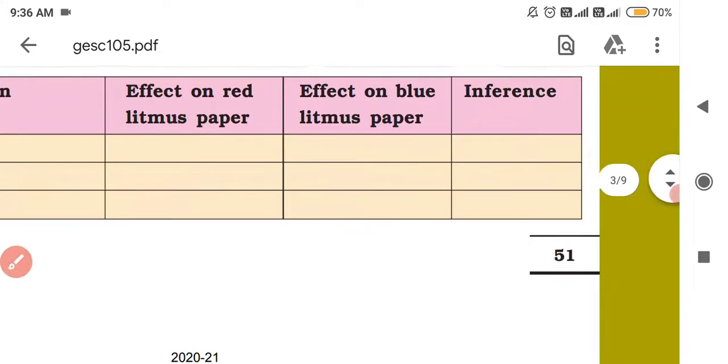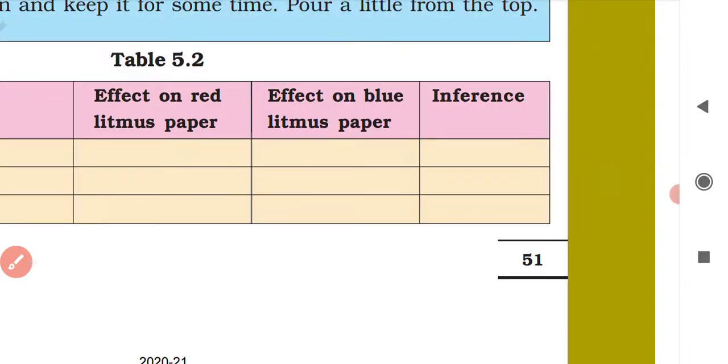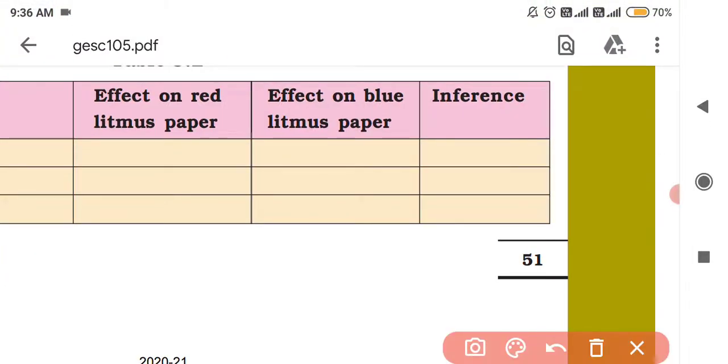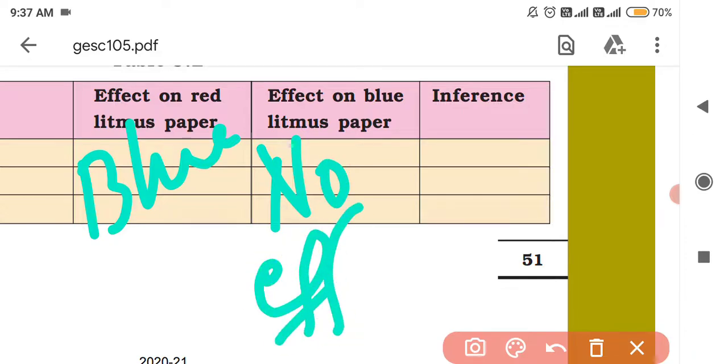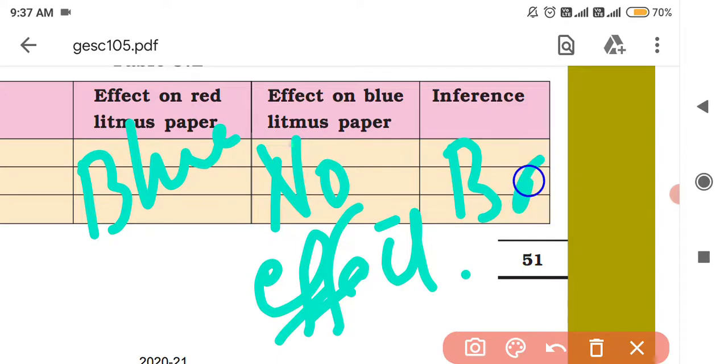Now baking soda is what we discussed in the last class, that it is basic in nature. So the effect on red litmus paper is that it will change the color to blue, and there will be no effect on blue litmus paper, and it is basic. Baking soda is basic in nature.